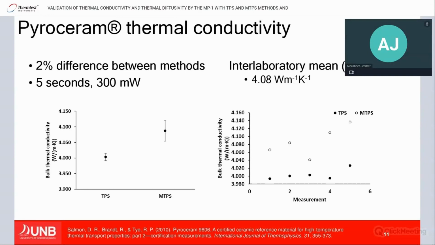The TPS and MTPS are both repeatable within 1% RSD of their own measurements over time. So the thermal conductivity measurements between the 2 methods are the same and also in line with the expected and accepted values of Pyroceram 9606.